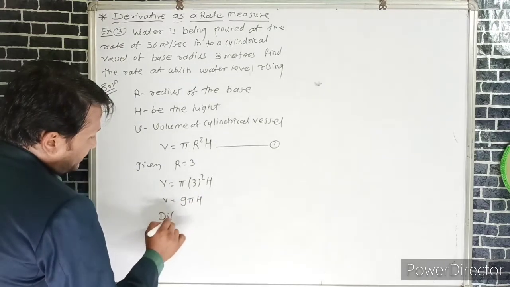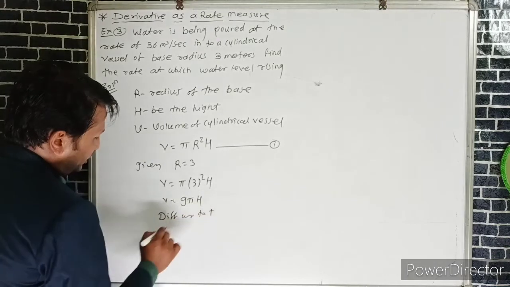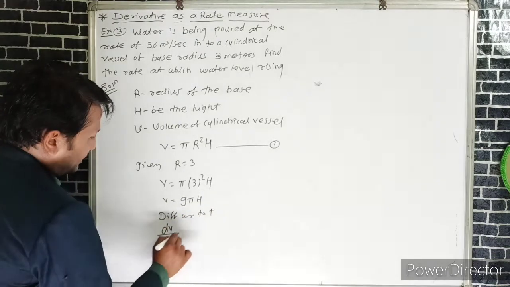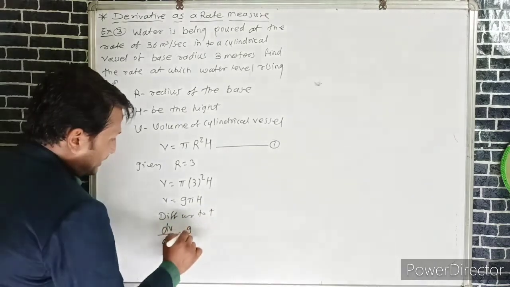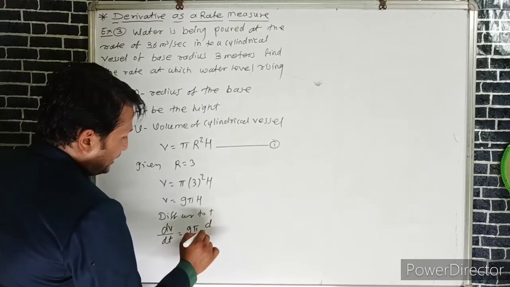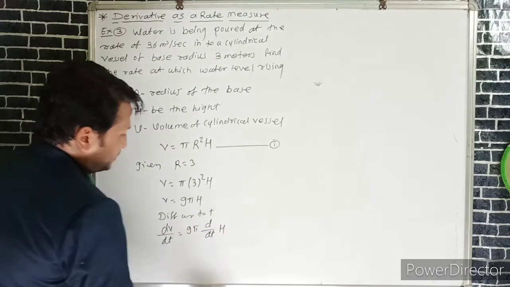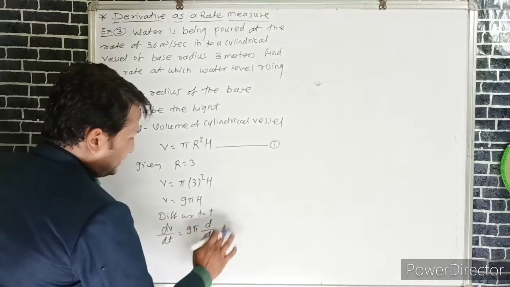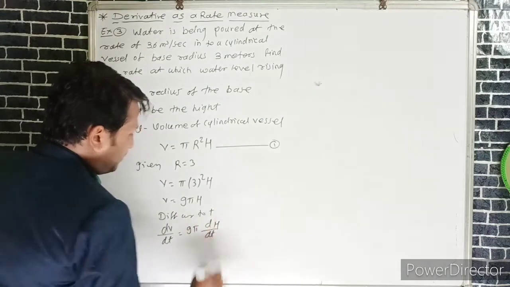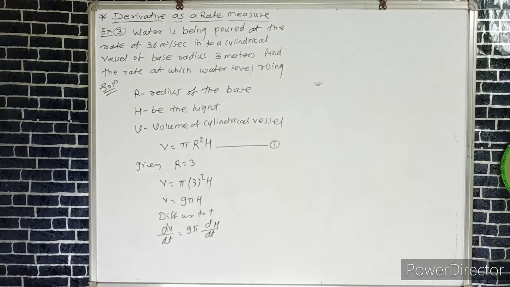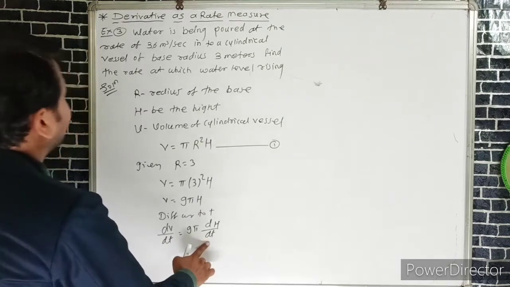If we differentiate with respect to t, then we can find dv upon dt is equal to 9 pi times dh upon dt. So here we have to find dh upon dt.